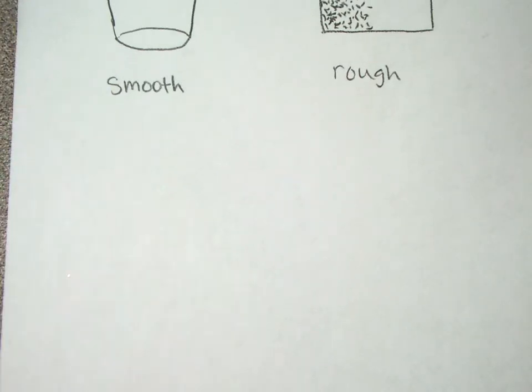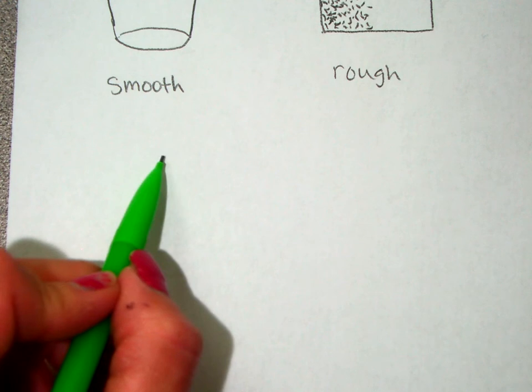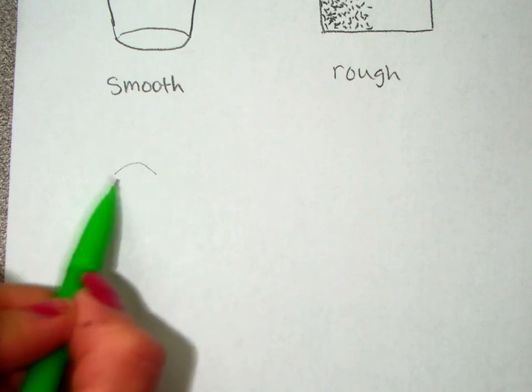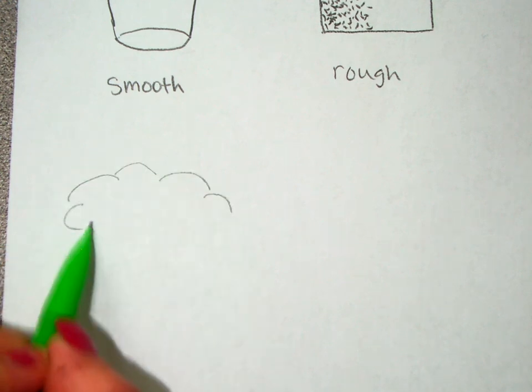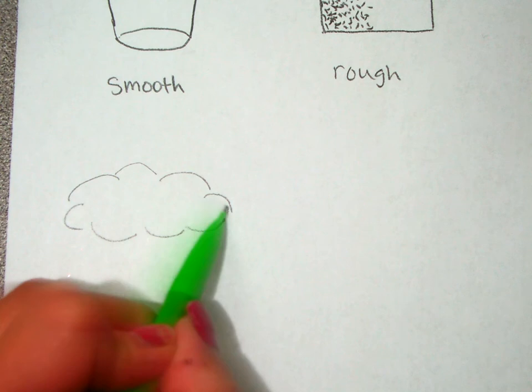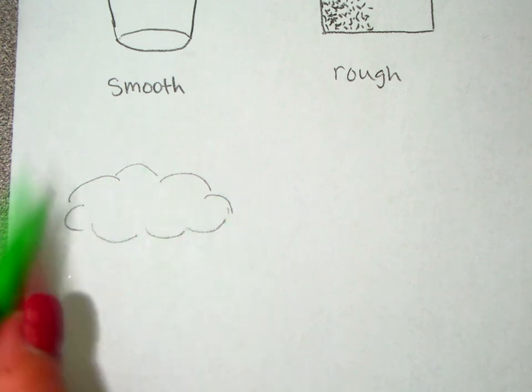Soft, fluffy would probably be more how you would draw your shape. So say we have a cloud or a cotton sweater. We would probably do it more like this.